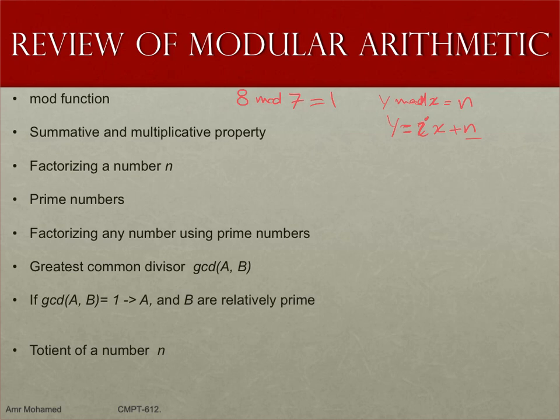Now we need to discuss the properties of this. Is the mod additive and multiplicative? And the answer is yes. So when we say that (x plus y) mod n, this is exactly similar to (x mod n plus y mod n).